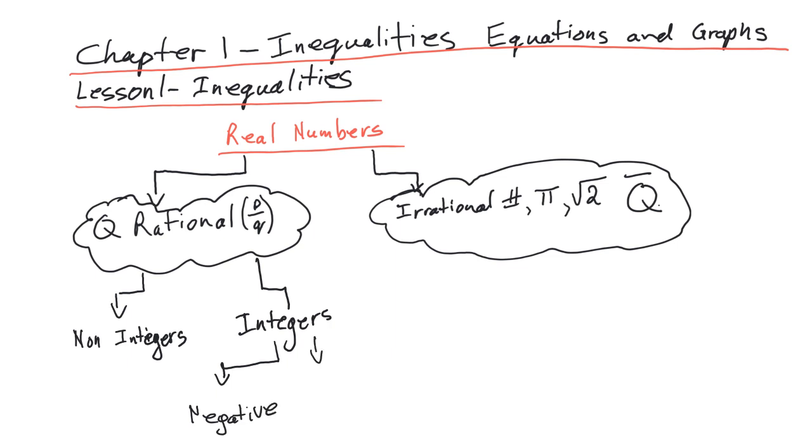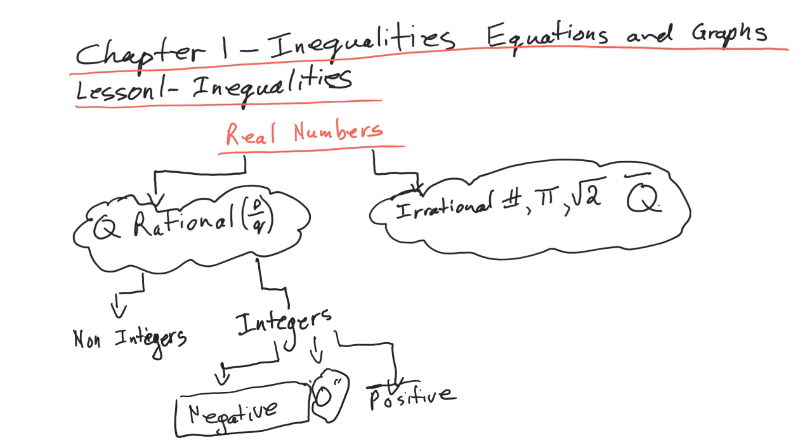We have a 0, and our integers break down into positive numbers. So when you think of all of these different types of numbers, they represent the different sets of possible numbers that we can basically represent for any number in mathematics.